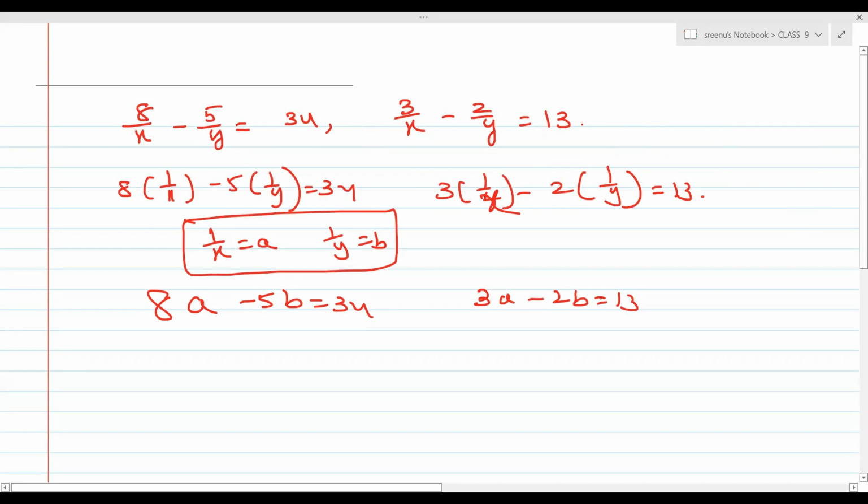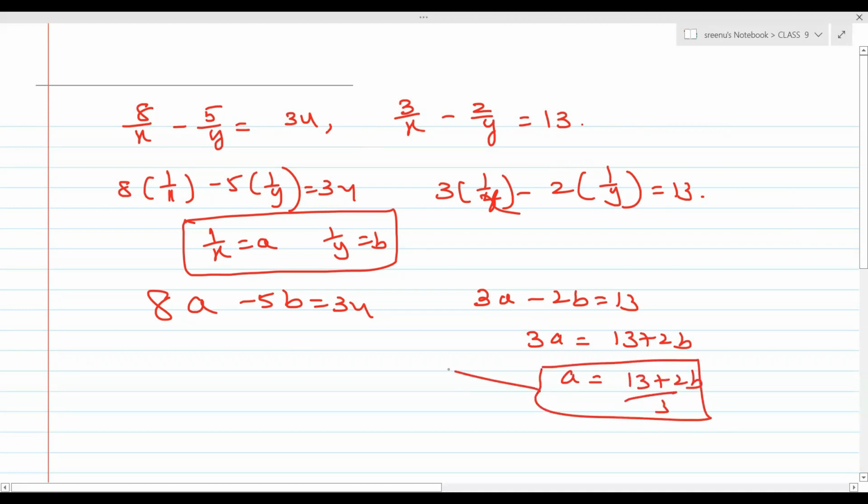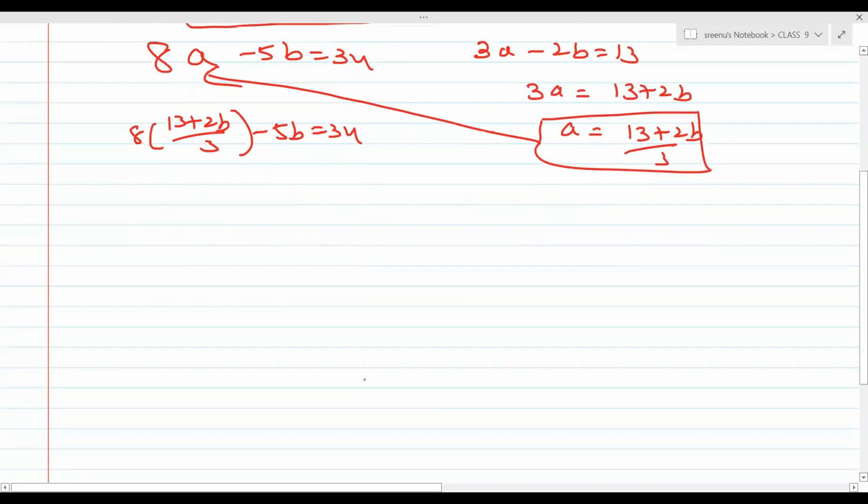Now we have to solve these equations. Substitution method, elimination method, anything we can take. I will take the substitution method. 3a is equal to 13 plus 2b, so a is equal to (13 plus 2b) by 3. This a value I will substitute here: 8 into (13 plus 2b) by 3 minus 5b is equal to 34. If I solve this, I will get the b value.